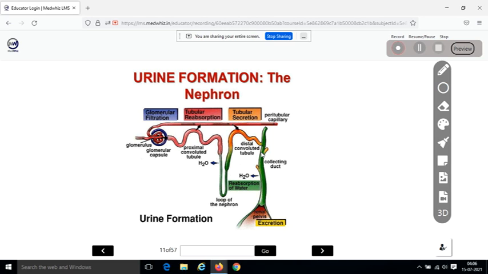The collecting tubule and late distal tubule is the site where mineralocorticoids exert a significant influence. So in the collecting tubule, mineralocorticoids play a major role.